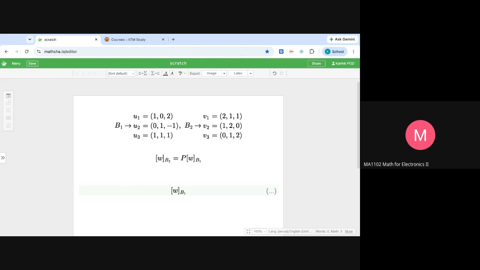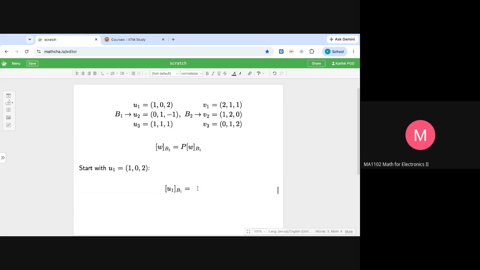For example, if W happens to be (1, 0, 2), which is the first vector U1 itself, let us start with U1 and try to express it in terms of the basis B1.